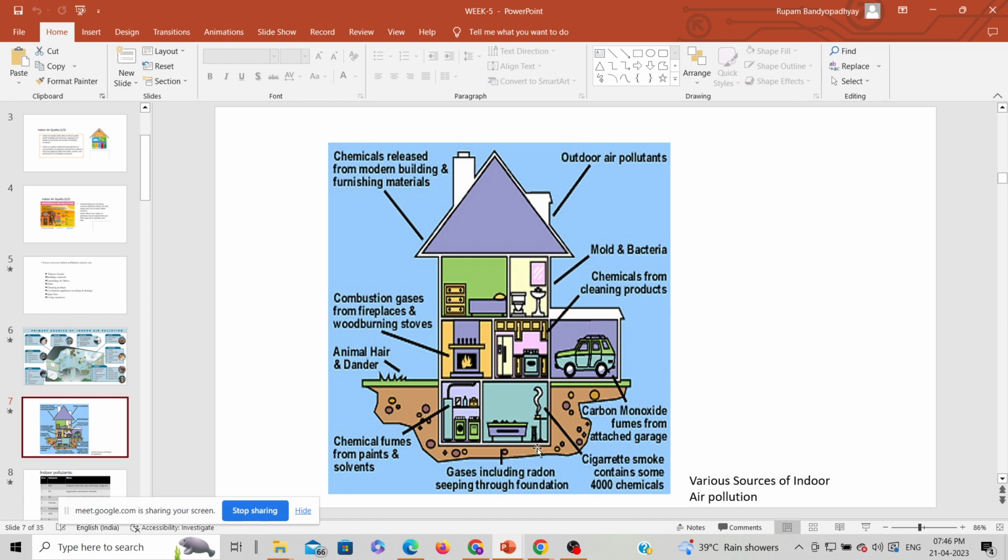Cigarette smoking too, and if radon is present, it can penetrate through the foundation and enter the building. Chemical fumes from paints and solvents also contribute to indoor air pollution.